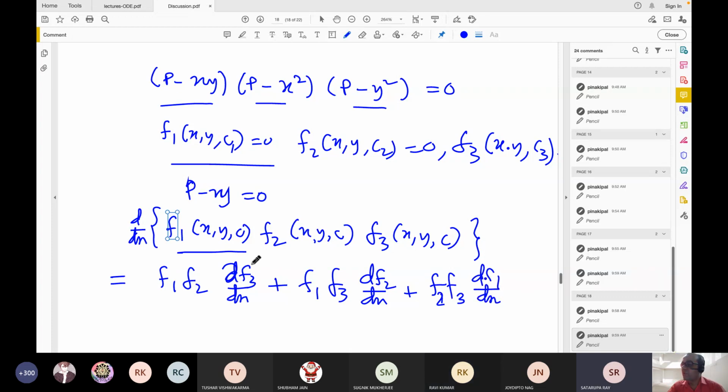Now you see, from this, you will always get one of the factors equal to 0, because they are the solutions of the differential equations considering the individual factors. So this will be equal to 0, this will give you 0, and this will also give you 0. Eventually you will get this equal to 0. So that means the original differential equation is satisfied by this function equal to 0.